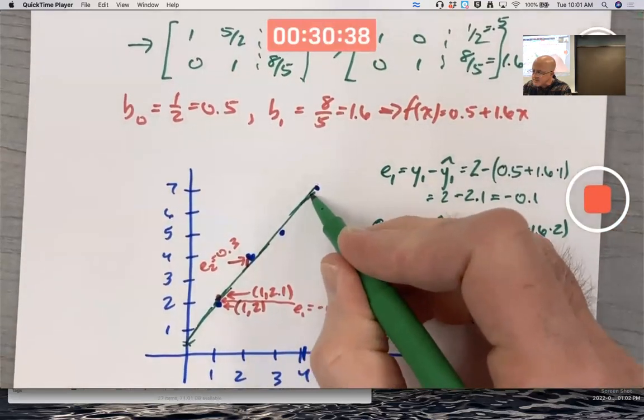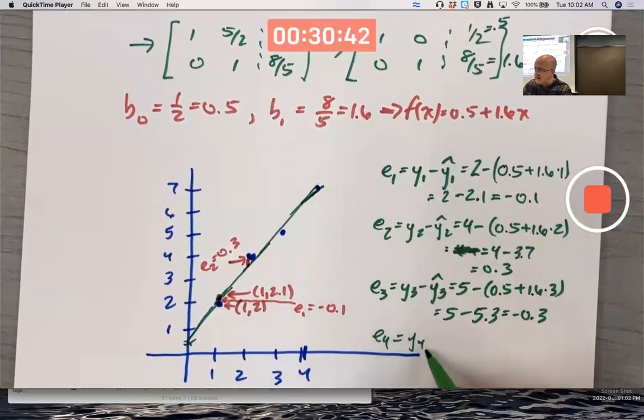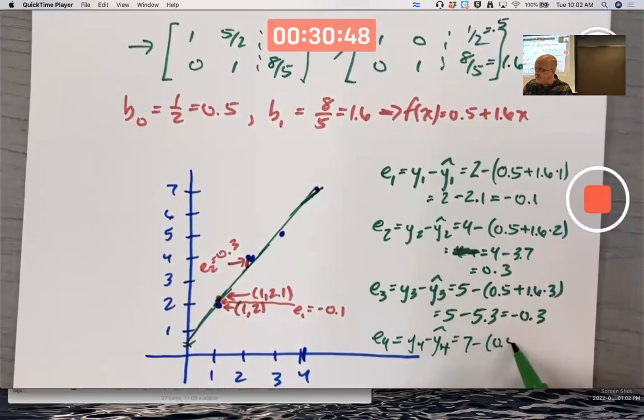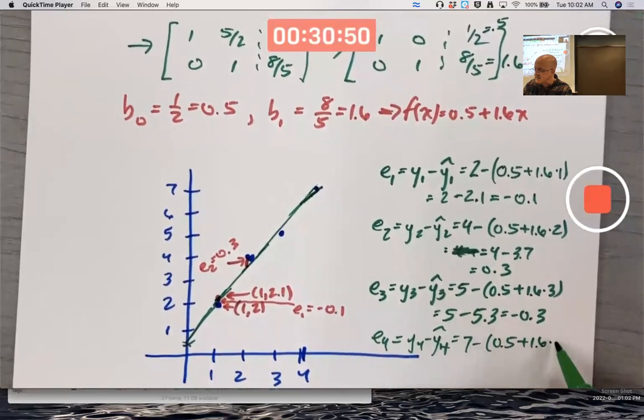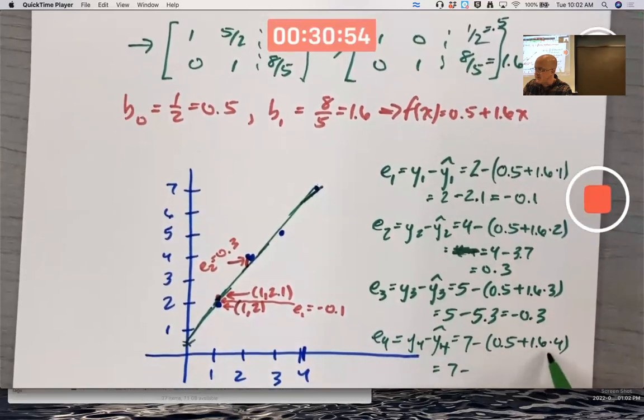The regression line actually goes below this point. So it's 7 minus 0.5 plus 1.6 times 4. 7 minus, that'll be 6.4 plus 0.5 is 6.9. Positive 0.1.